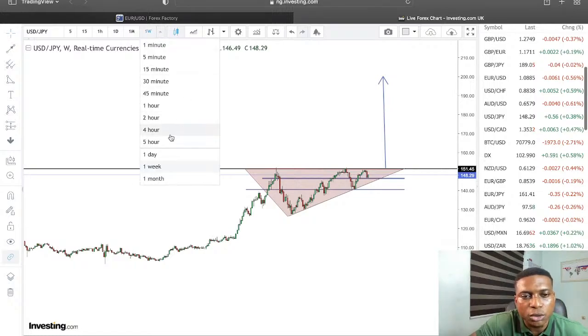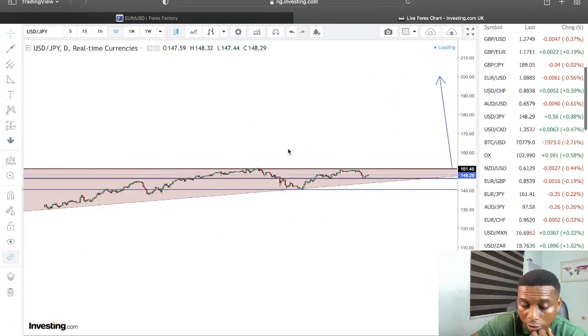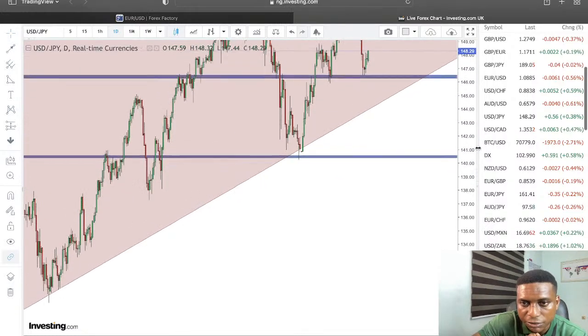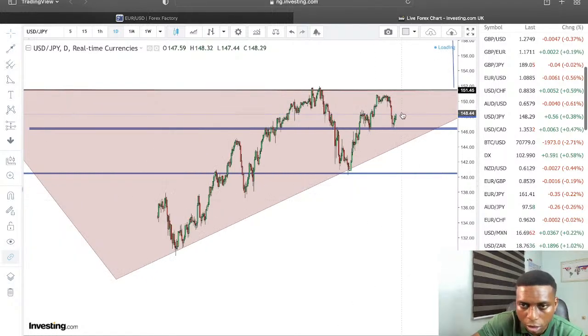So let's go down to the daily time frame. We can see that on the daily time frame, price is pushing up.